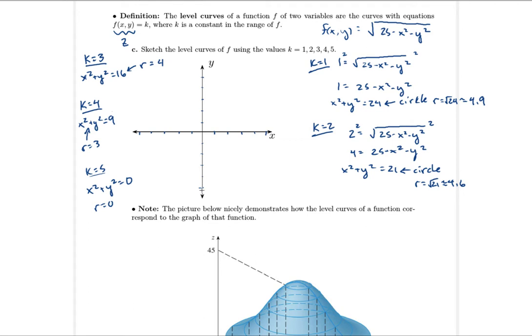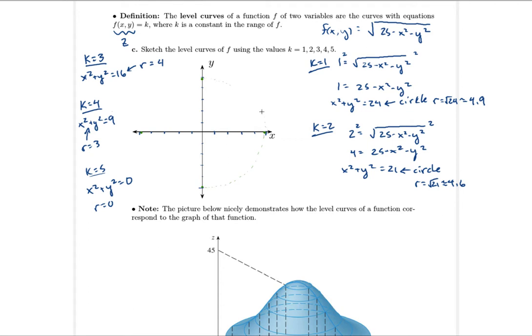Okay, and then we can start making some of these curves. So 4.9 is just about out to 5. Right, and then I can make my circle, and I'm just going to do this using a dashed line so things don't get too cluttered up here.